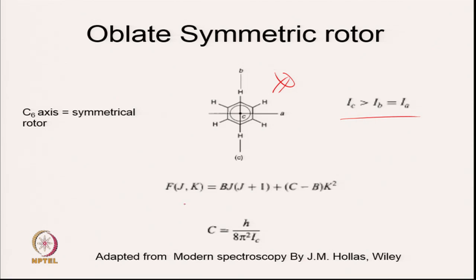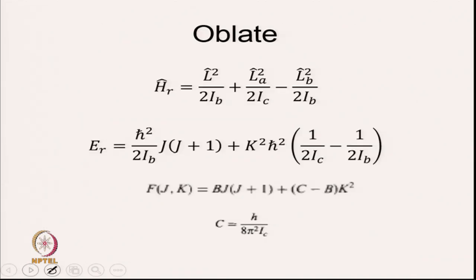And for that we can again write this, and that can be calculated the way we calculated for prolate, that HR is equal to L square by 2IB plus LA square by 2IC minus LB square by 2IB, and in a similar way we can calculate the wave number for this oblate kind of rotor.